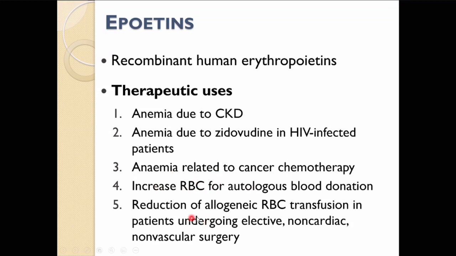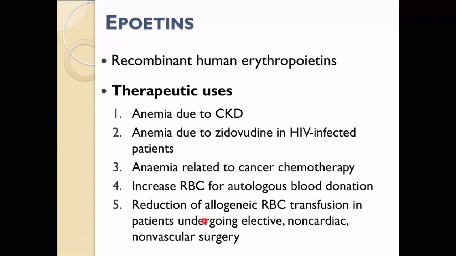And in patients who are undergoing elective non-cardiac surgeries, in whom you expect to have a blood loss, you can give them erythropoietin beforehand to increase their red cell mass, so that even if they lose some blood during the surgery, they would not be needing an allogenic blood transfusion.